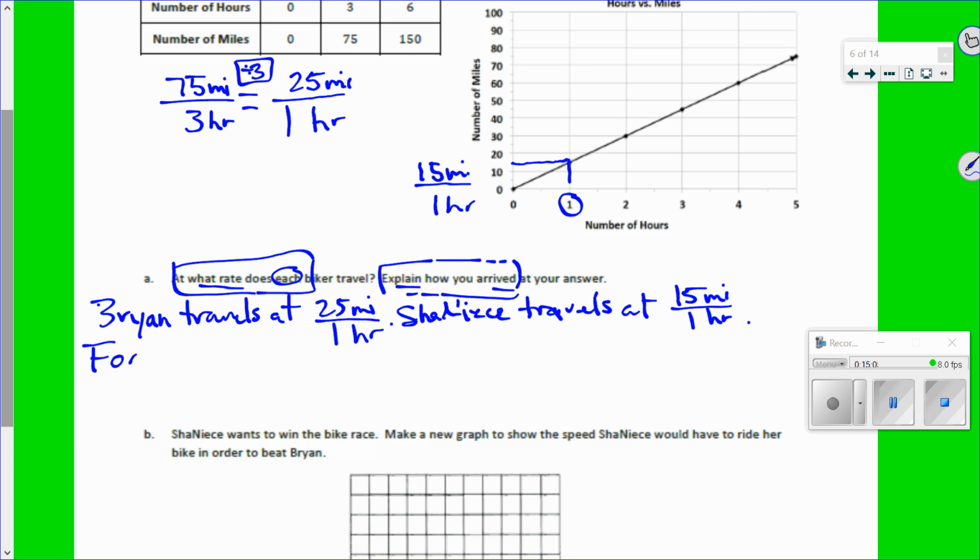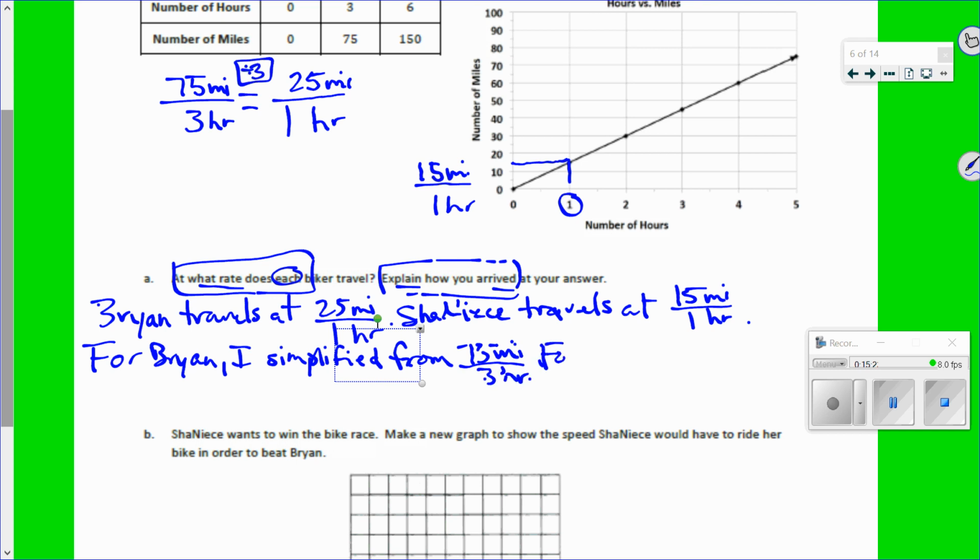For Brian, I simplified from 75 miles in 3 hours.